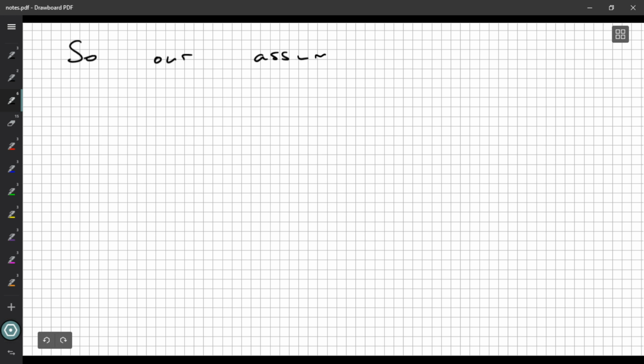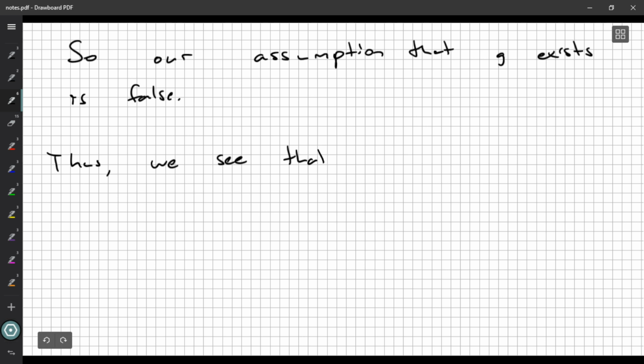So our assumption that g exists is false. Thus, we see that no function g can satisfy the given conditions.